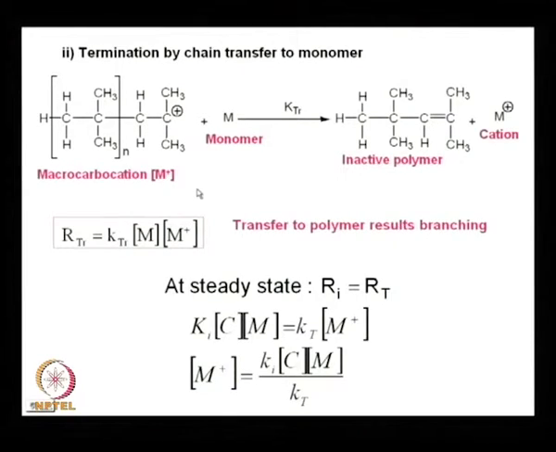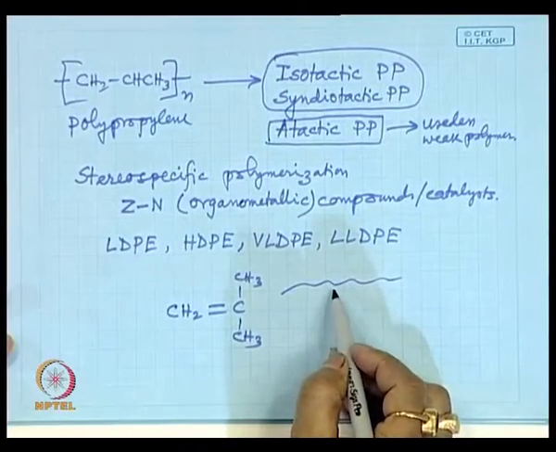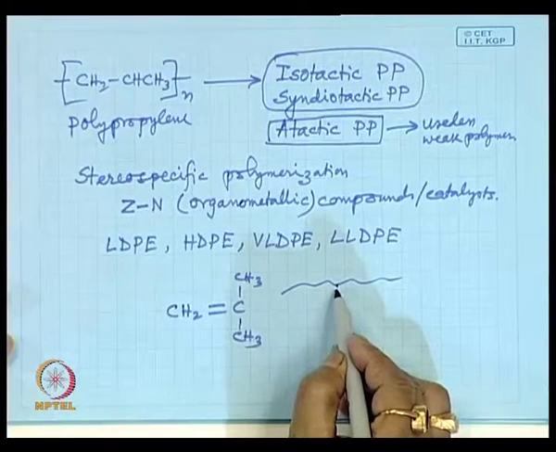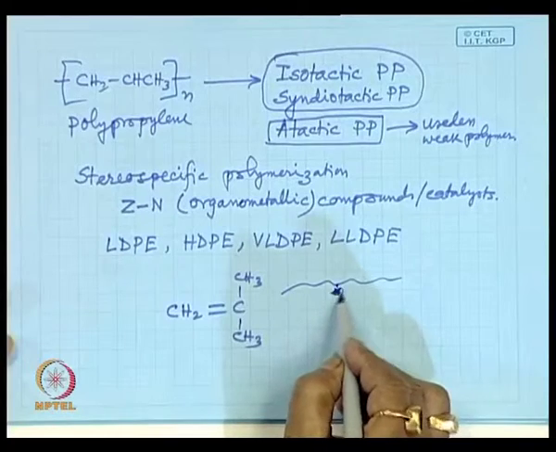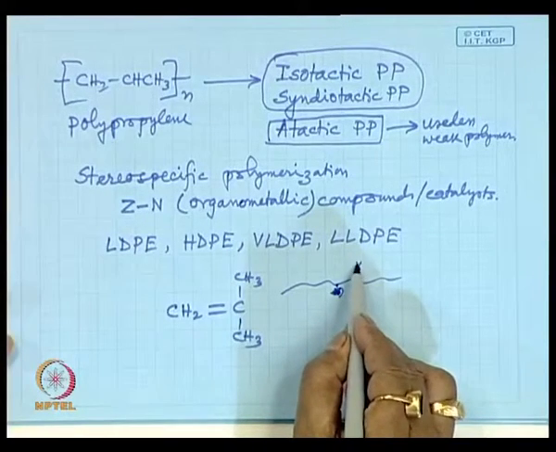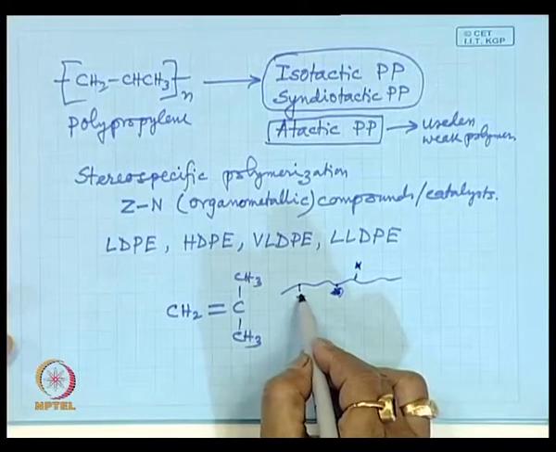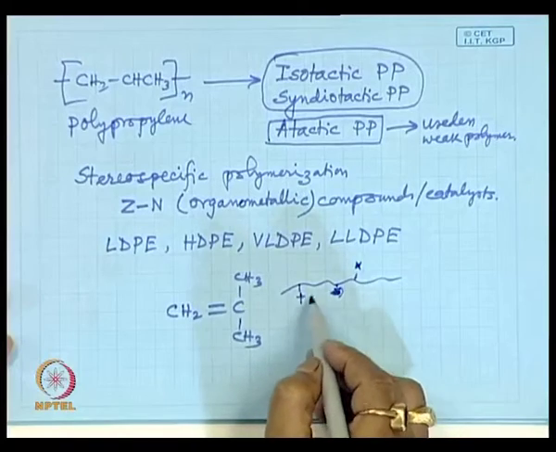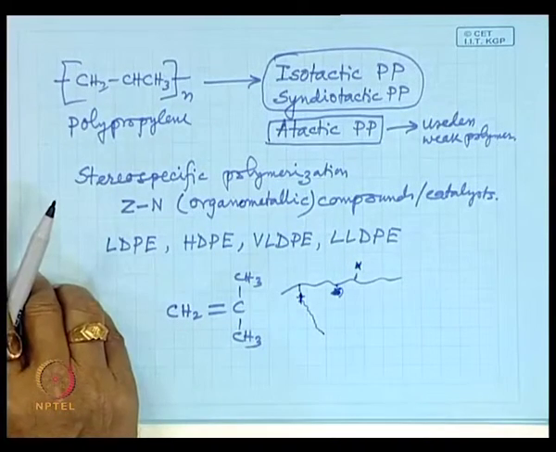So, a cationic center will be produced there. If a hydrogen, a proton, is snatched from here, then this center will be cationic, or this one. Once this cationic center is produced, it will further add monomer and produce a branch.